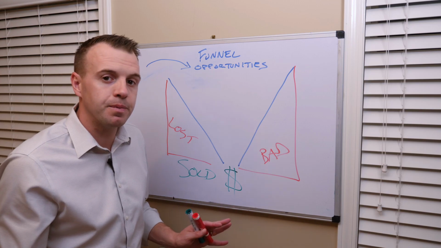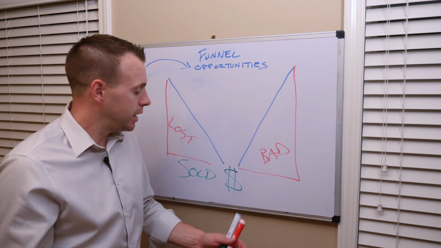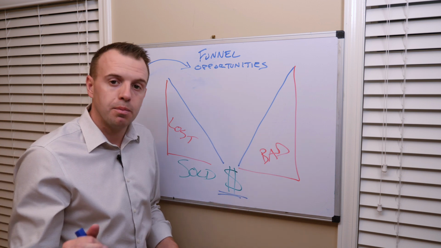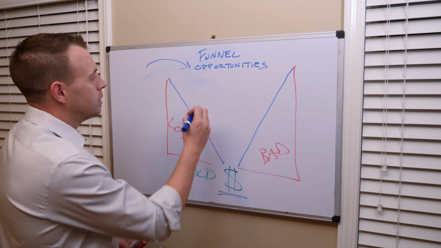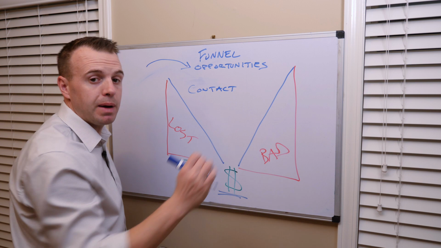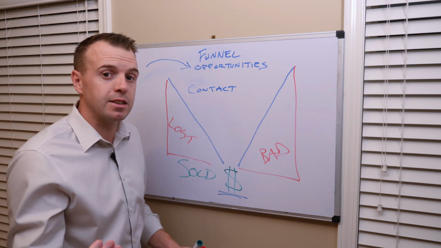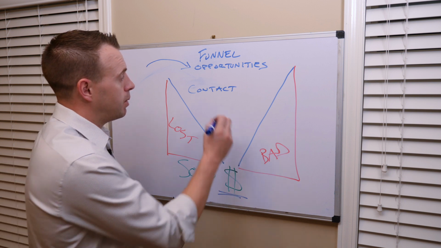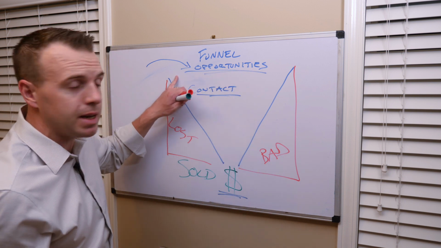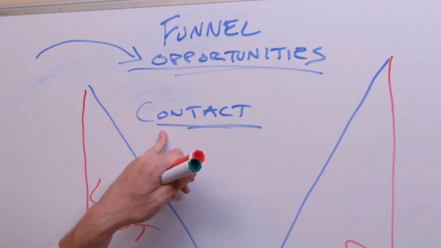So we have our opportunities that come in. Right off the bat, if you were to ask somebody, what is your goal? They would say, I want to sell it. Of course, we want to sell it. But number one, we need to make contact. Now remember, we need to contact the right person, and we need to be speaking to the decision maker, but we need to know out of the opportunities that came in at the top of our funnel, how many are we even talking to?